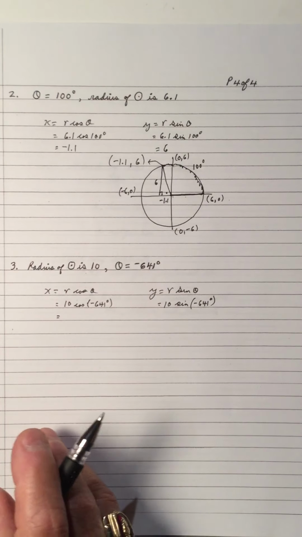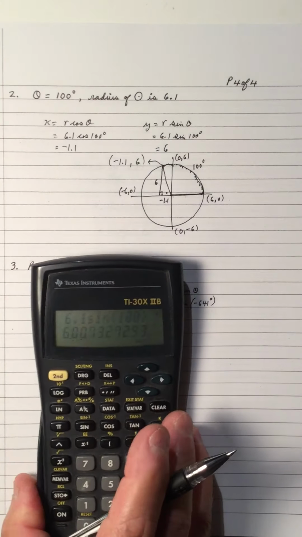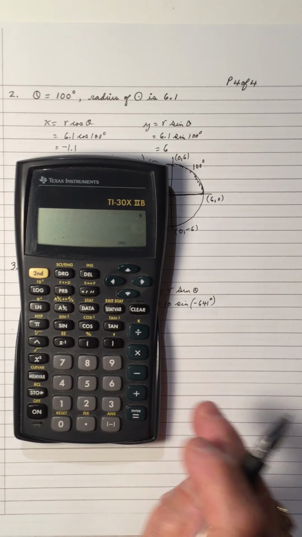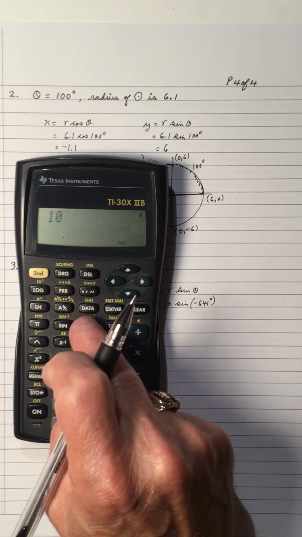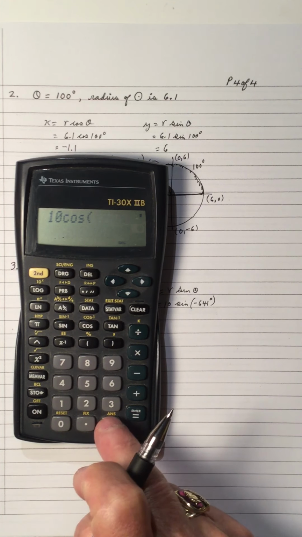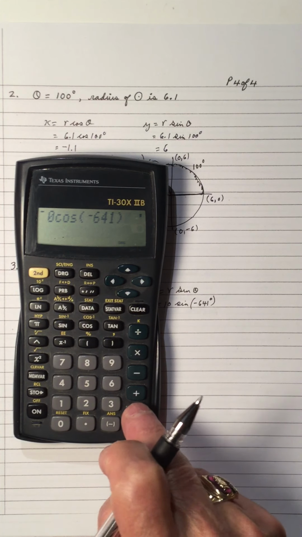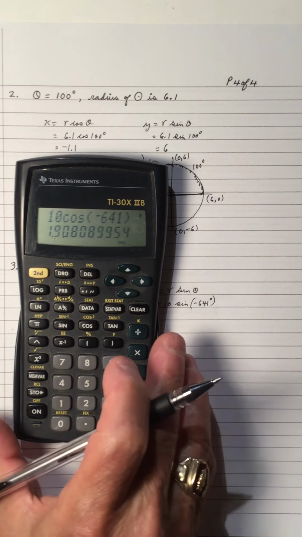So I have 10 cos negative 641, and I get 1.9.